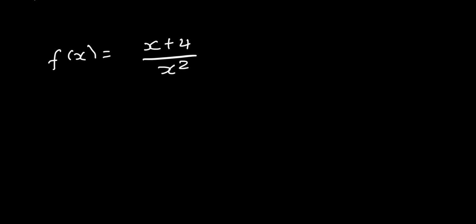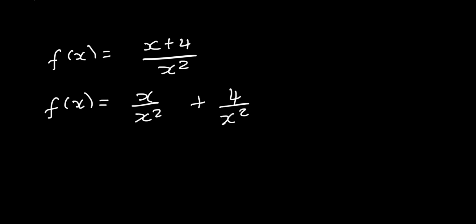So before we find the first derivative, we will write down the f of x is equals to, we can simplify this and write this as what? As x over x squared plus 4 over x squared. So this is the very same thing, because now it comes from this. Remember now, if you were having the same denominator, you just add the top part. So that comes from that. We just separate them so that we see what is happening.